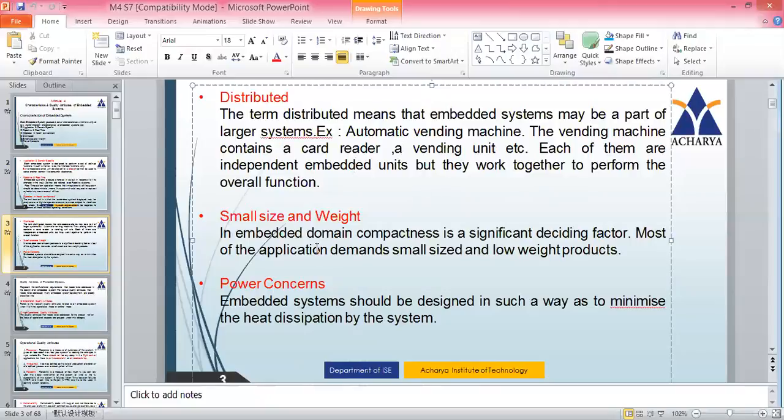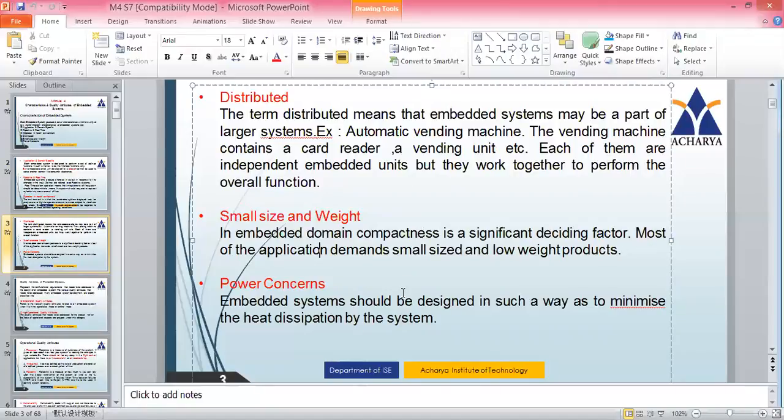Now, small size and weight. In the embedded domain, compactness is a significant deciding factor. Definitely, in embedded systems we always look into the size factor, because as the size increases, even the power consumption, cost, everything increases. And that's the reason we always see the compactness.